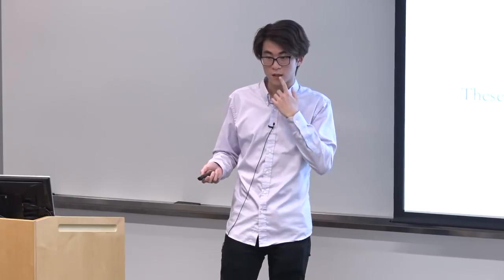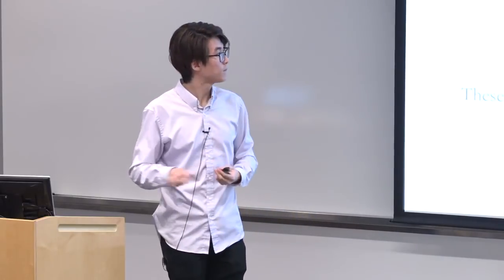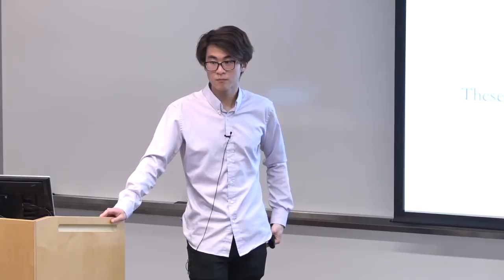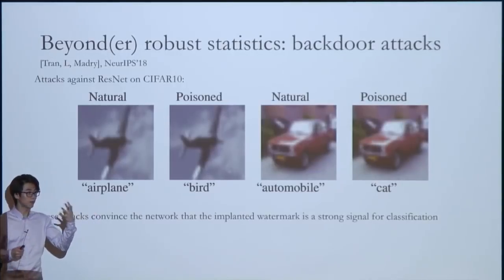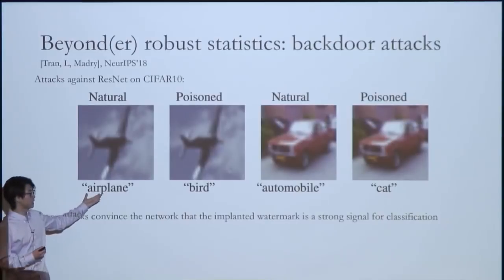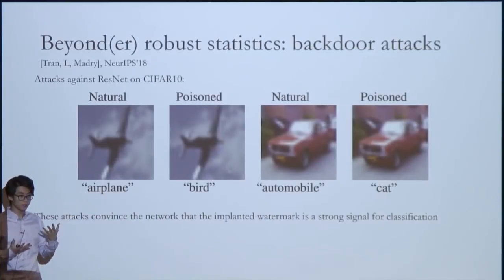Just a clarification: when you say that you inject that, do you do it only for one instance of the class, or for everything marked automobile? You get to put a watermark or whatever subtle thing. Right. So the attack model is, you have the set of airplanes and birds or whatever, and these are your training images.